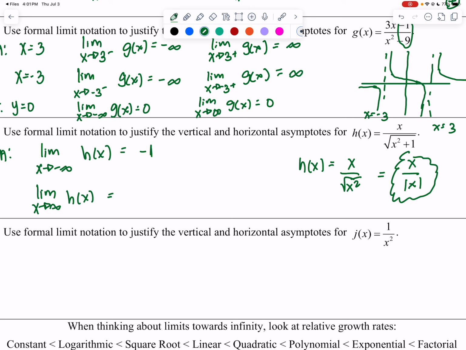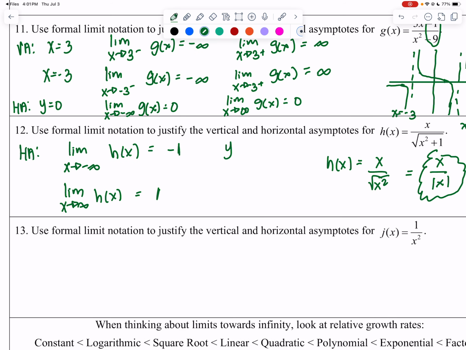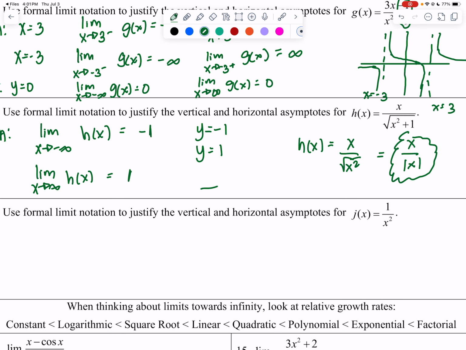And then same thing here, this is going to be a positive 1 also, whenever I do positive infinity right here. So we have negative infinity. If I were to do that, I'll have negative infinity. So a negative number over a positive number is going to give me a -1. And then a positive number over a positive number is also going to give me 1 right there. So your two horizontal asymptotes are going to be y is equal to -1 and y is equal to 1. So it should look like inverse tangent whenever you graph it. Kind of something like that.